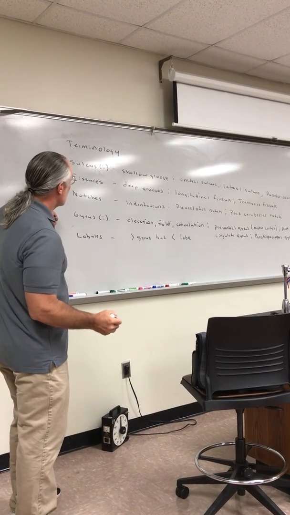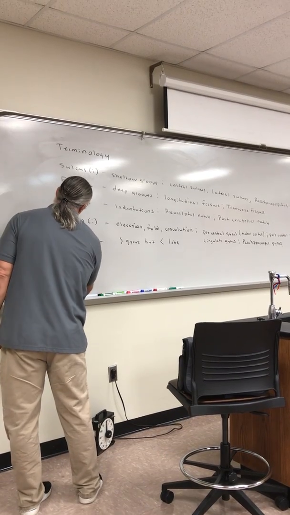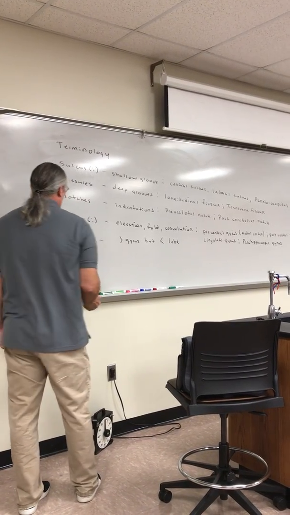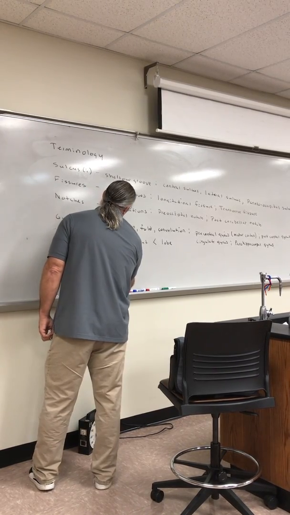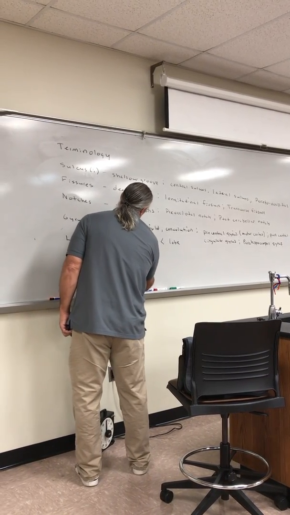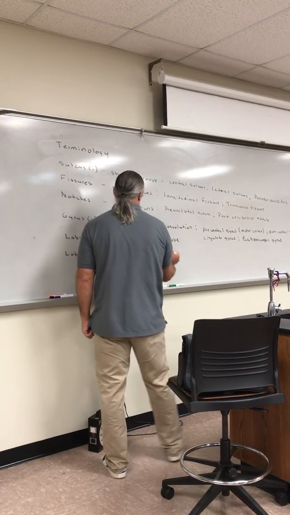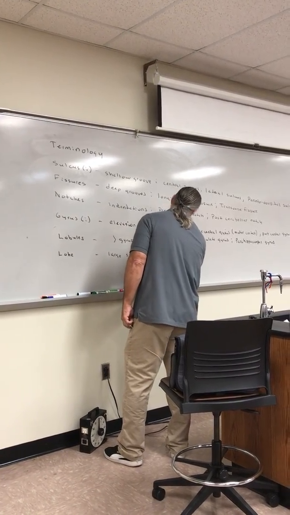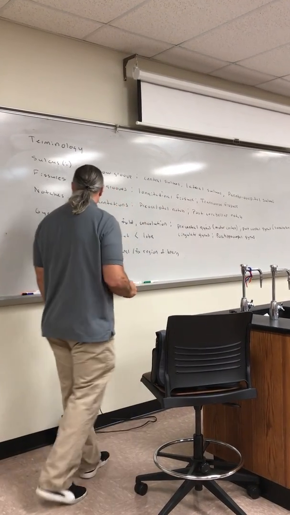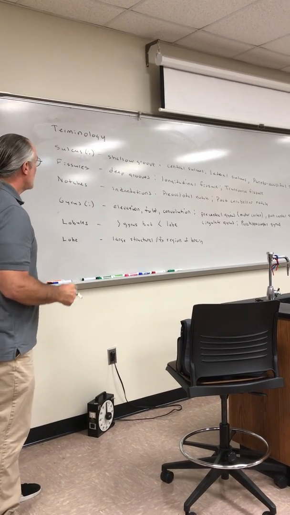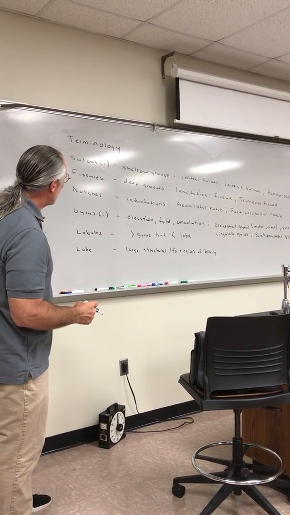Greater than a gyrus, but less than a lobe. And a lobe will be our last thing that we have here. A lobe is a large structural/functional region of the brain. And there are 5 structural lobes and 1 functional lobe of the brain.